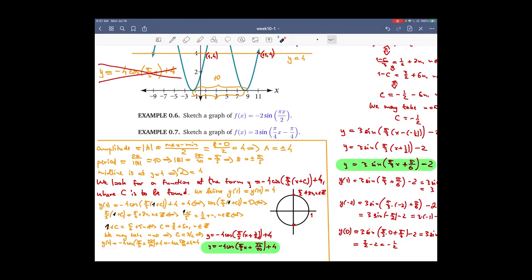When x is 3, we get 3 pi over 5, which is 6 pi over 10, which is actually interesting. Y at 3 will be -4 cosine of (pi over 5 times 3 plus 3 pi over 10) plus 4. This here, 3 pi over 5 is 6 pi over 10, plus 3 pi over 10.